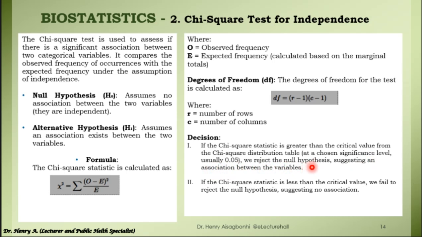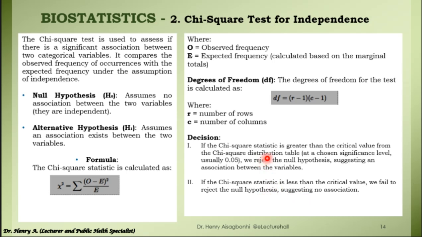But if the chi-square statistic is less than the critical value, usually at 0.05, we fail to reject the null hypothesis. So we accept the null hypothesis, suggesting that there is no association.